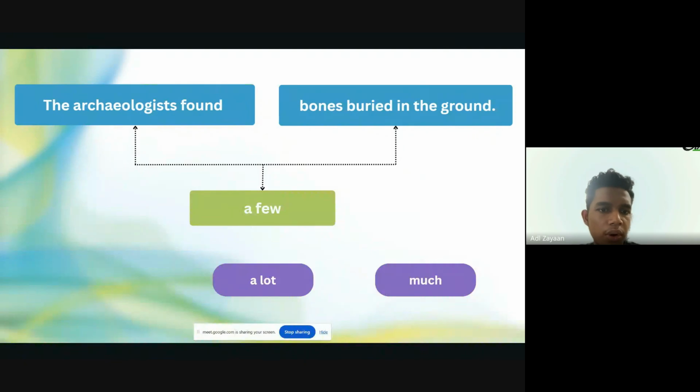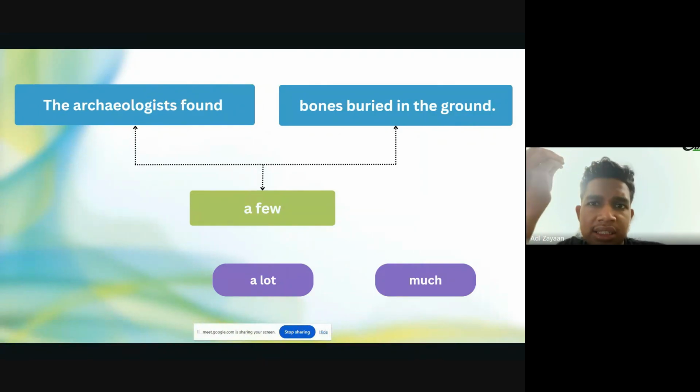So the archaeologists found a few bones buried in the ground. A few is the most appropriate because, as I already told, archaeologists are the people who learn about old, historical things. They will dig in the soil and get some ideas.